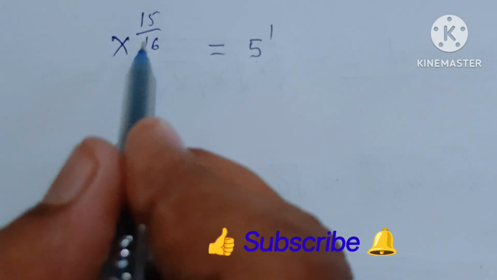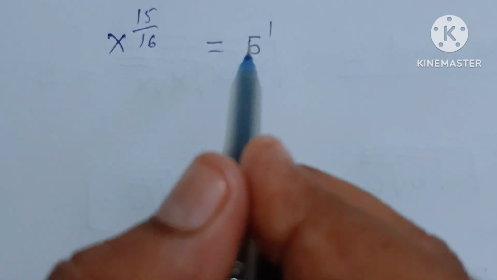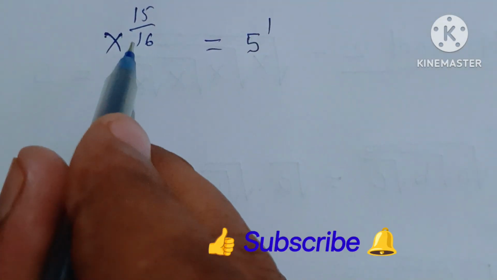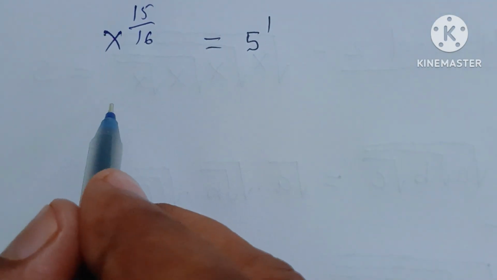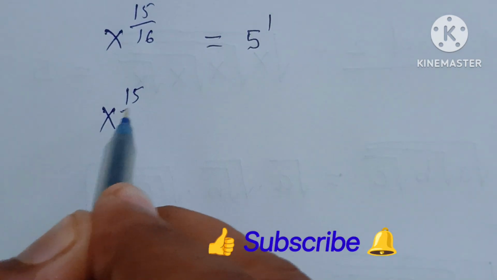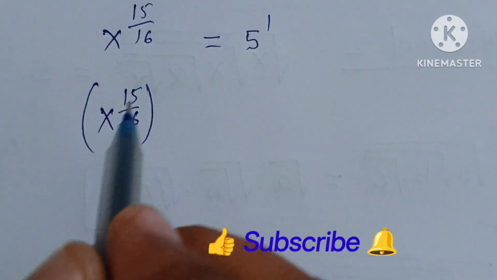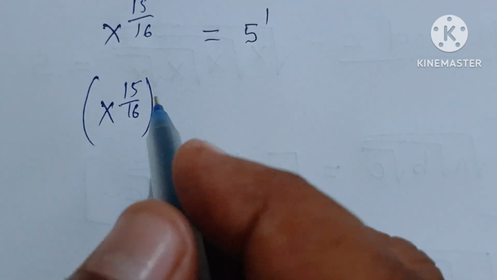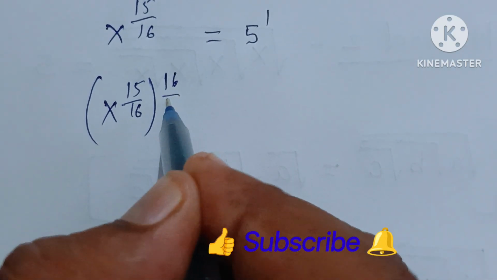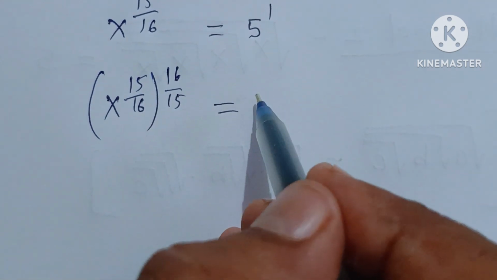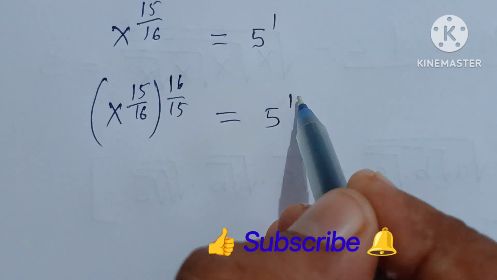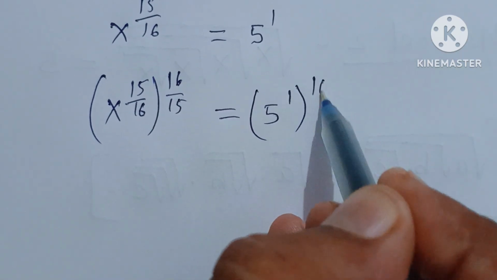So here x raised to power 15 by 16 is equal to 5 raised to the power 1. So we can write here, divide both sides by 16 by 15. X raised to power 15 by 16 divided by 16 by 15 is equal to, here 5 raised to the power 1 into 16 by 15.